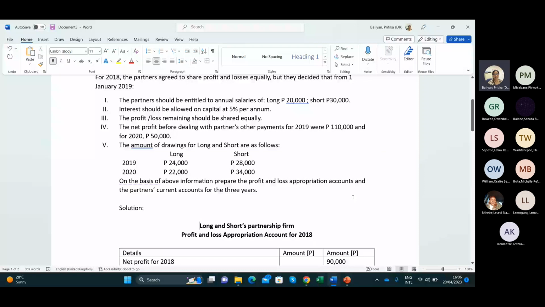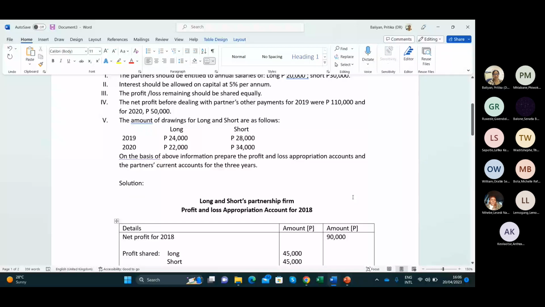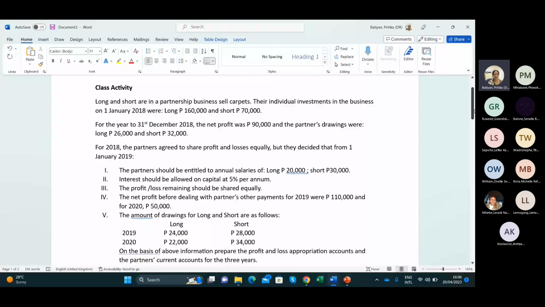The net profit for the year 2018 is 90,000. For 2018, no other information has been given. They started the business on 1st January 2018 by investing capital of 160,000 and 70,000.